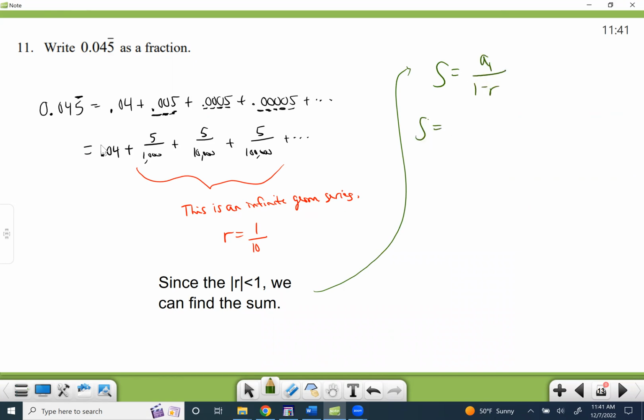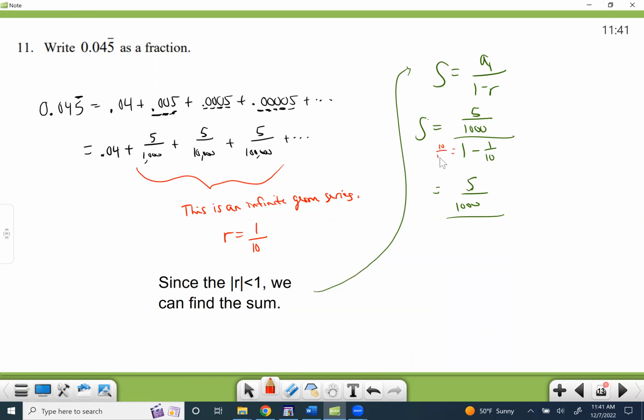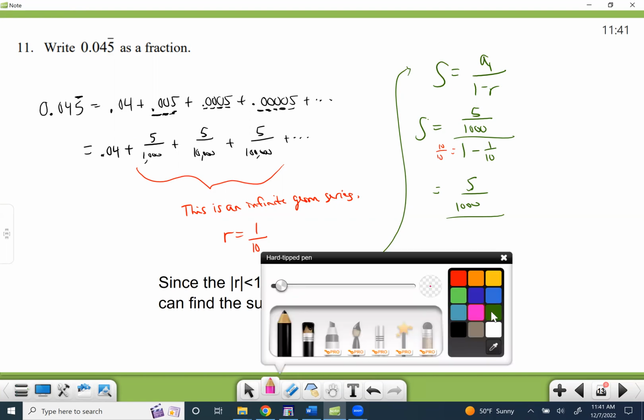The first term would not be the 0.04. It'd be this, because I'm only looking at the part that I highlighted in red. So it'd be 5 over 1,000, and we know the common ratio is 1/10. So this is going to be 5 over 1,000, and if you think of the 1 as 10 over 10, then 10 over 10 minus 1 over 10 would be 9 over 10.